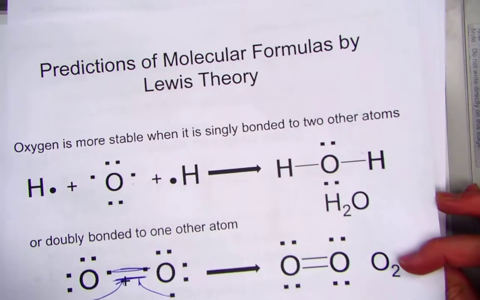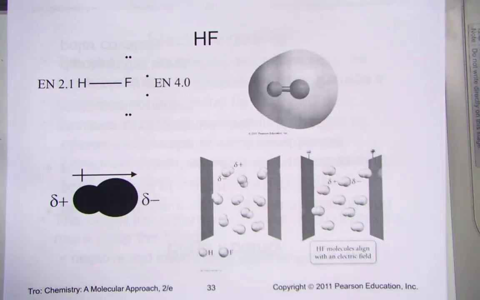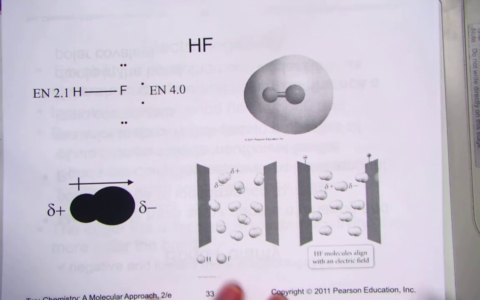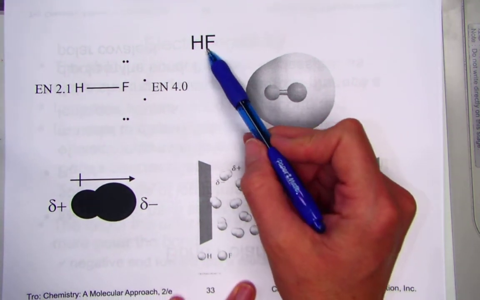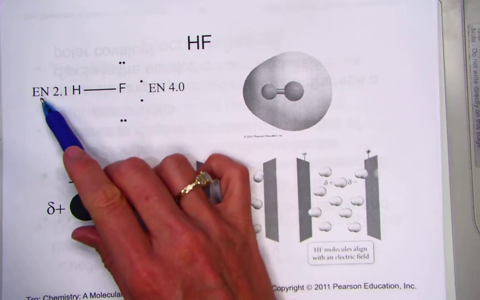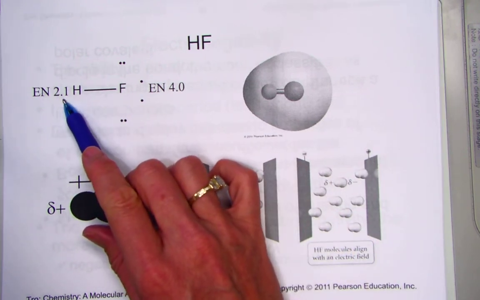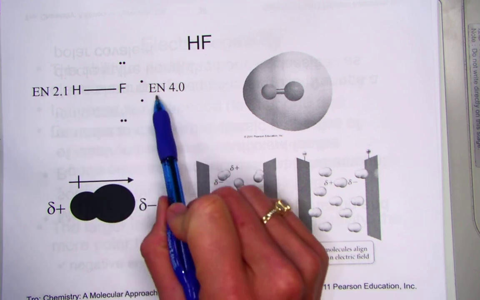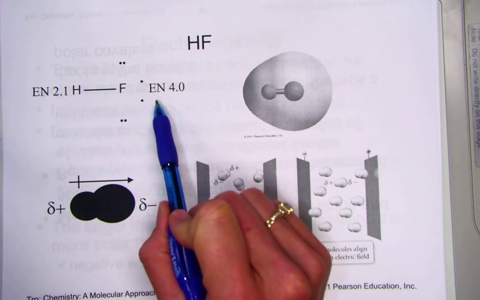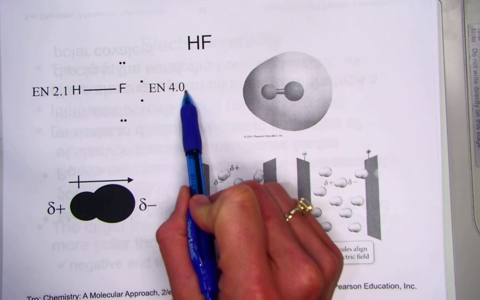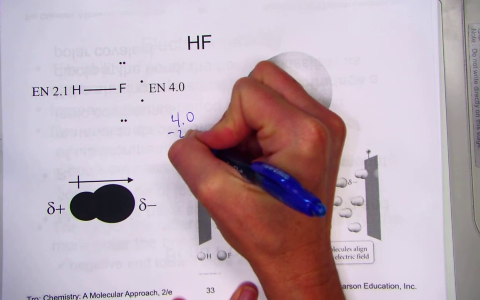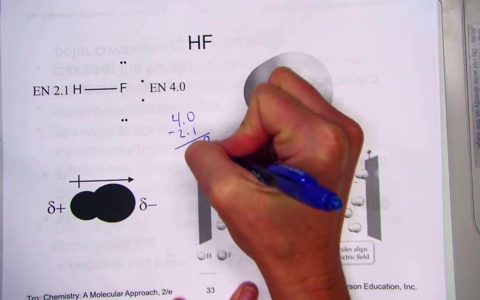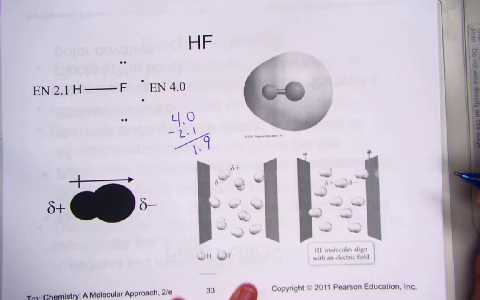And I think that's actually what was being shown in our next examples. If we have an HF molecule, hydrofluoric or hydrogen fluoride, the electronegativity number on hydrogen we can look up in our chart as value 2.1. Fluorine, in which all of the electronegativities are based, has an even 4.0. If I subtract the two, 4.0 minus 2.1, we get a number of 1.9.